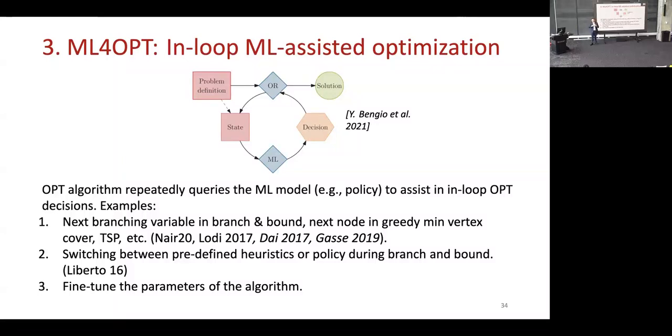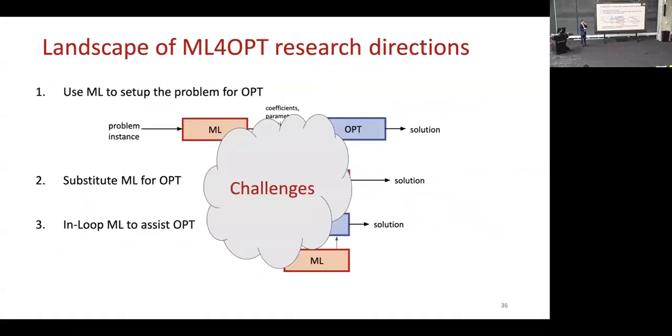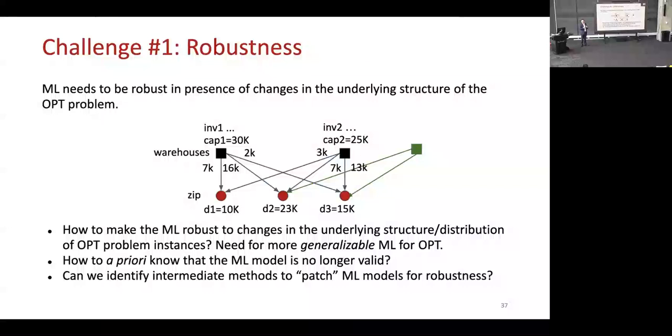Maybe as you're solving the problem, and as things are unfolding, you can change your mind and say, given what I've seen so far, I'm going to change my hyperparameter. So again, this is kind of an in-the-loop process. There are a number of examples in here, but I want to allocate the last maybe 5 minutes to the challenges, okay? All right, the first challenge, I think the most important in this area, is robustness.